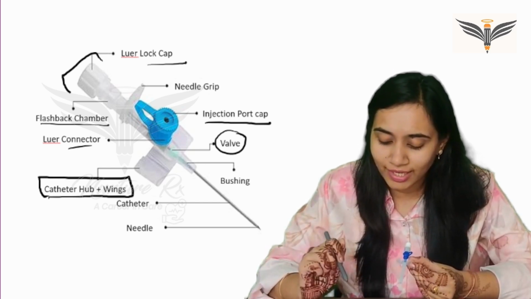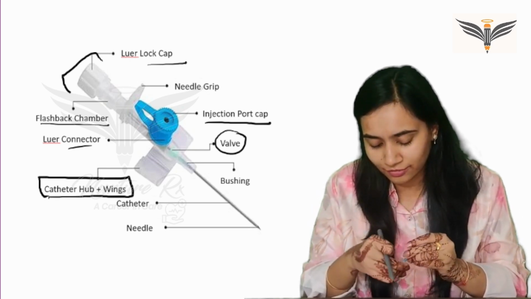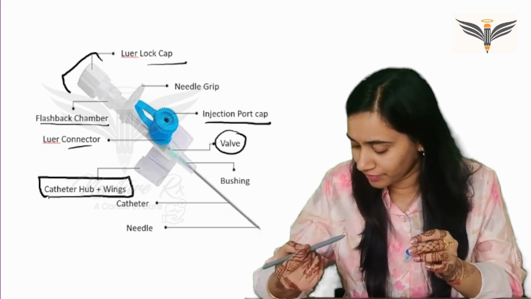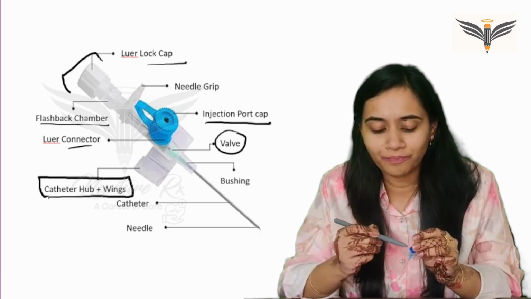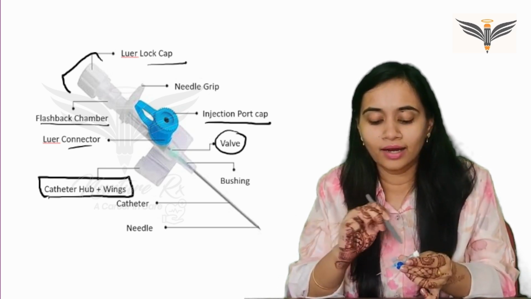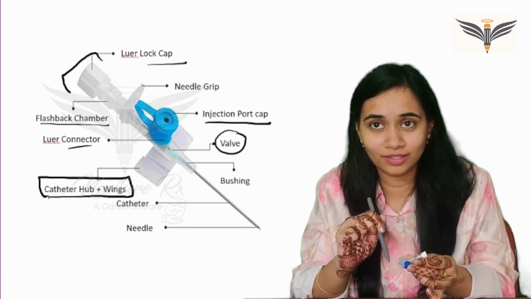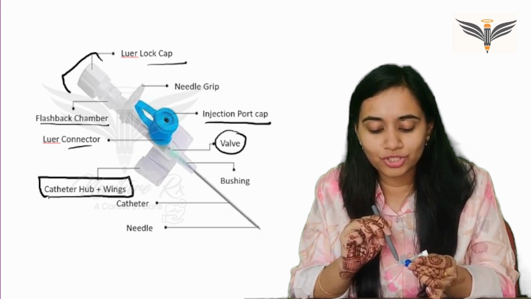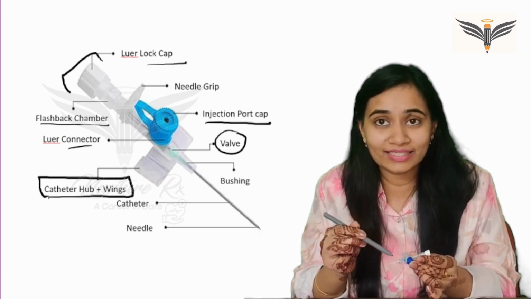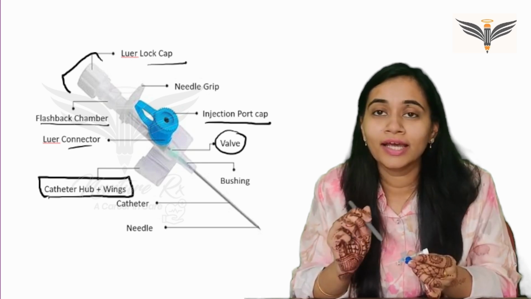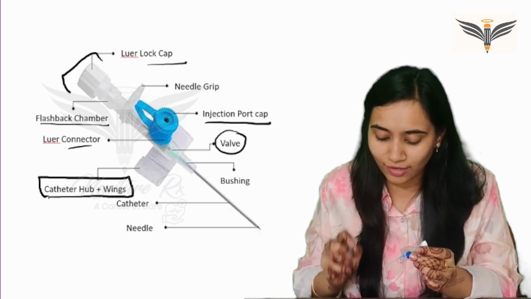Now, coming to the next part, the bluish part, if it is visible here, is the bushing. What is a bushing? This is the other part of the cannula, and this is your main cannula which is going to be inserted into the vein. The bushing connects these both parts. It is like an external covering. What is its use? It makes your cannula leak free. Okay, this you have to remember.